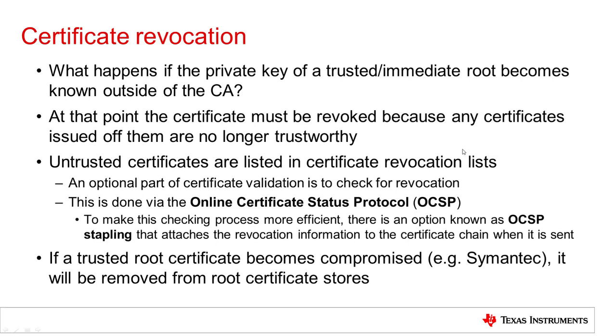It's particularly problematic if the private key of a root or intermediate root certificate becomes known, because then all the certificates issued by that root certificate are no longer trustworthy.